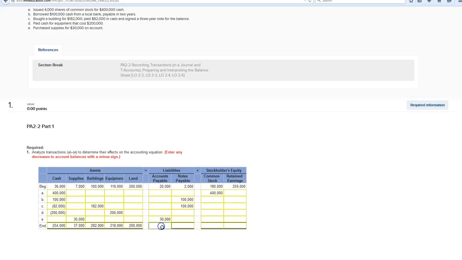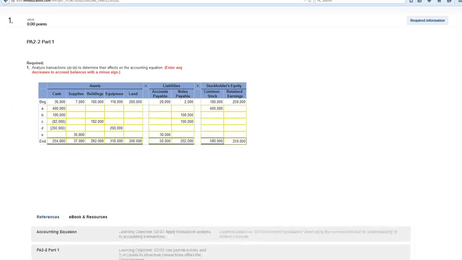Accounts payable totals $50,000, notes payable $202,000, common stock $580,000, and retained earnings $259,000. Now, if we total all the assets, it would be $1,091,000. The liabilities, $252,000, plus the equity, the right side added together, would also equal $1,091,000.